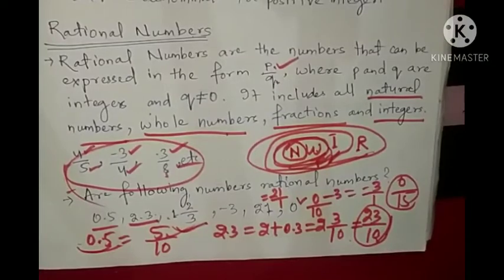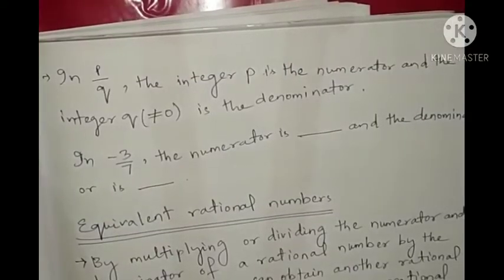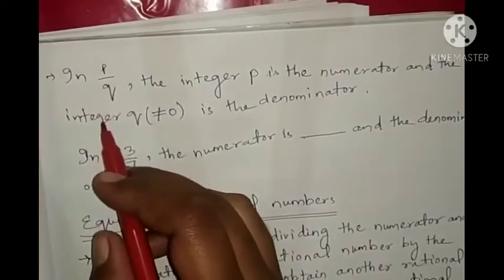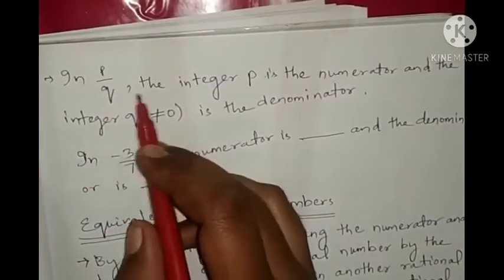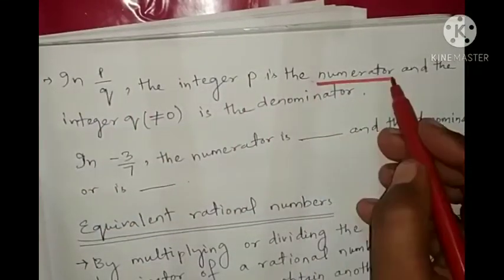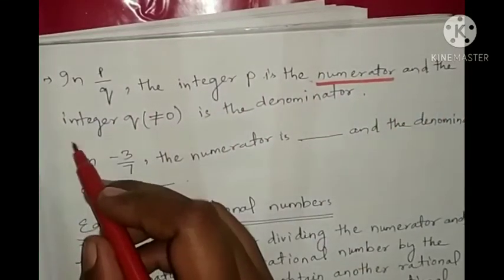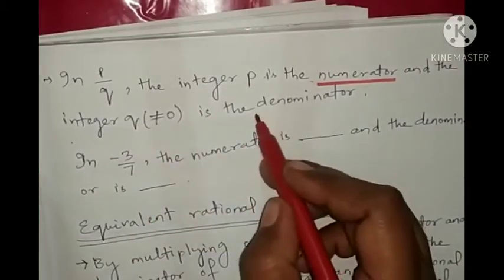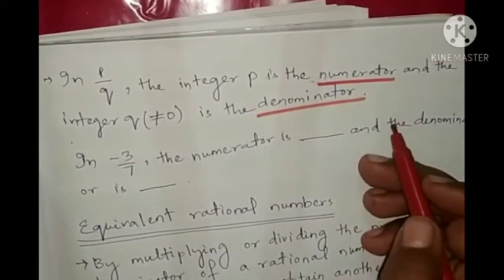Yes. They are in different forms, but we can write them as rational numbers. In P by Q, the integer P is the numerator and the integer Q, which is not equal to 0, is the denominator.